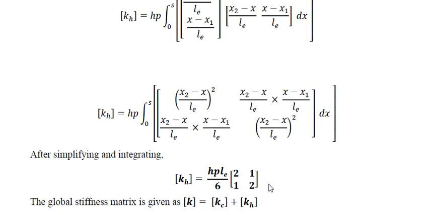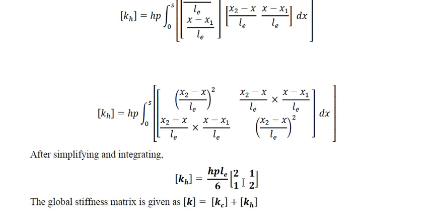So the convection matrix for surface convection is given as HPLE by 6, convective heat transfer coefficient into perimeter into length by 6, times the matrix 2 1 1 2, because the degrees of freedom is 2 per element.